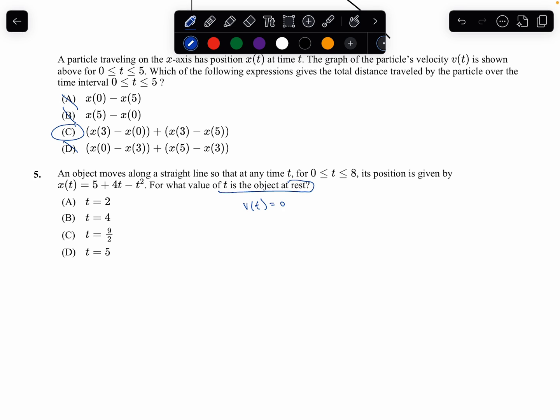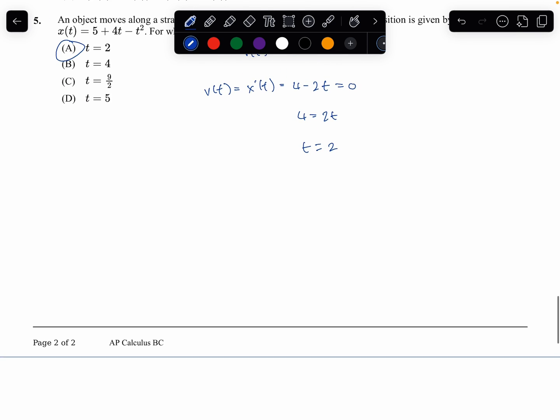We know that velocity is equal to the derivative of position, which would be equal to 4 minus 2t. I set that equal to 0. So when 4 is equal to 2t, so when t is equal to 2, and so that's going to be A. And that should do it for this assignment.